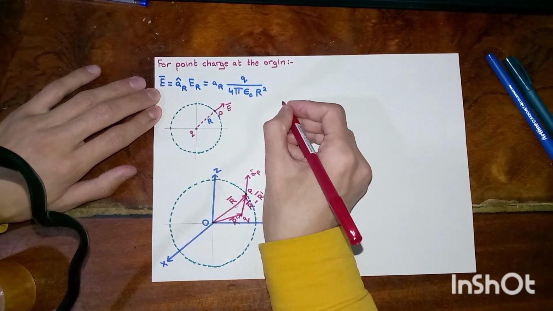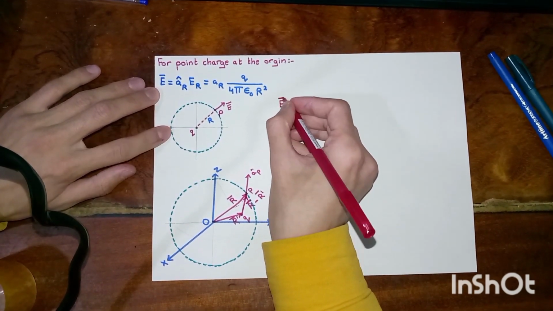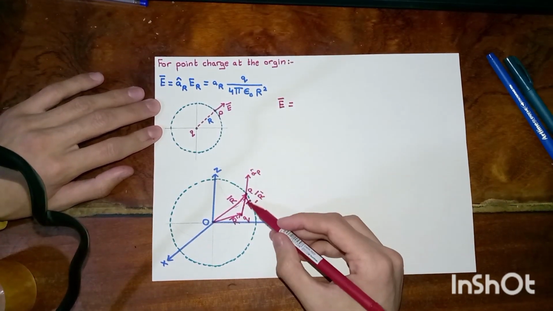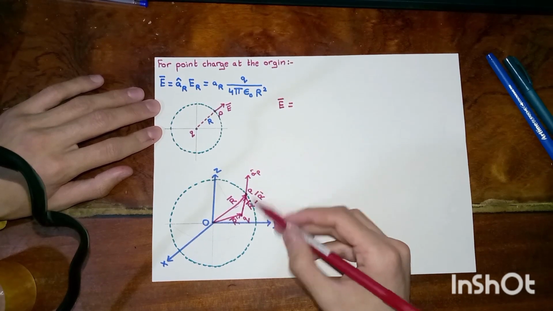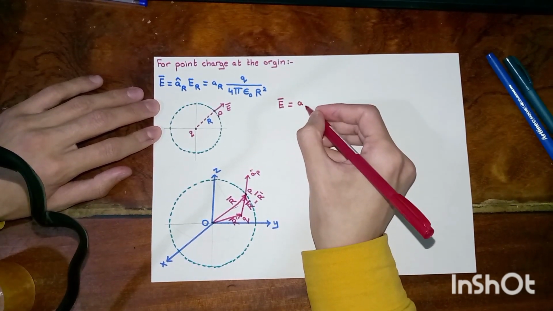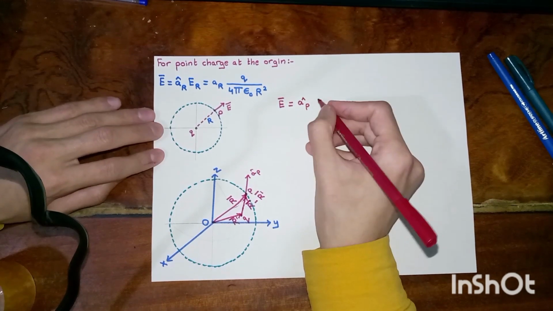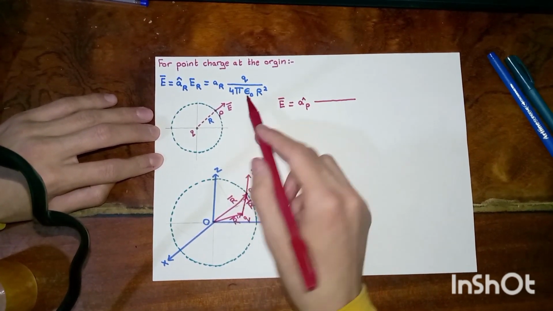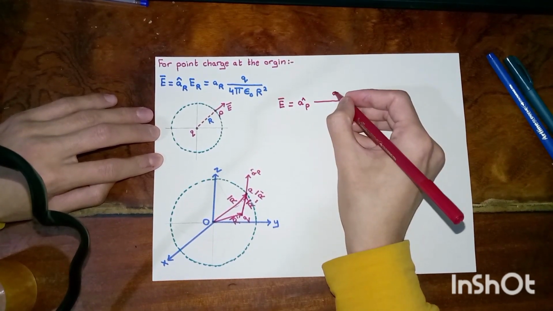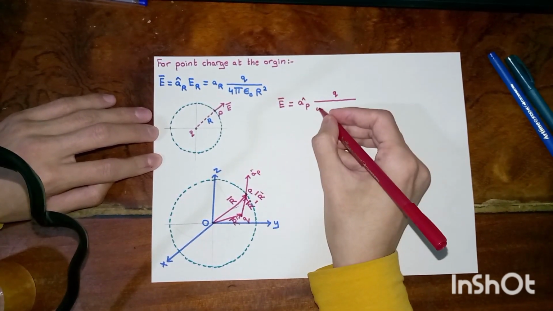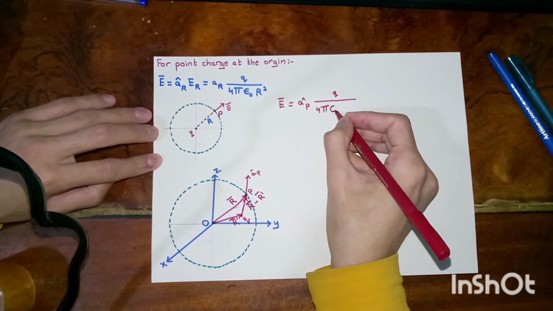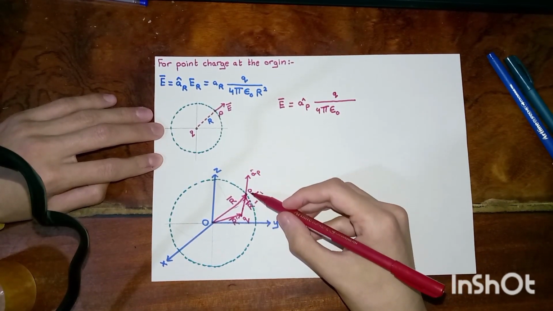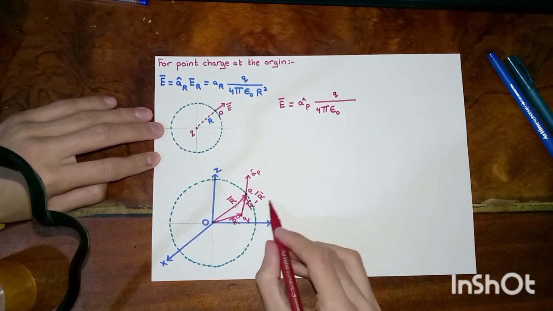We said that the electrical field has the direction along the distance between the charge and P, and this vector is A sub P. This is the new unit vector that we have, and the magnitude of the charge is Q. These are constant, they are still the same, 4 pi epsilon sub 0, and r, which is the distance between Q and P, is the length of this vector.